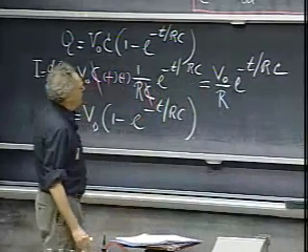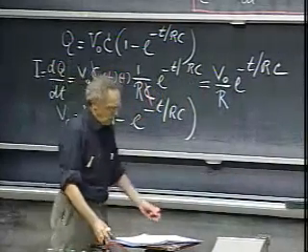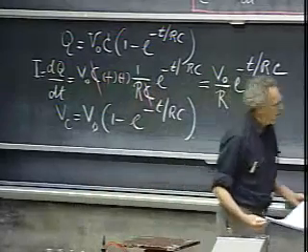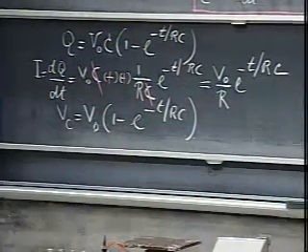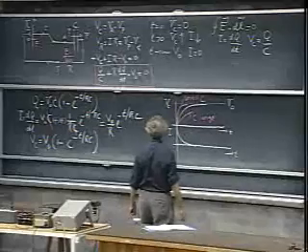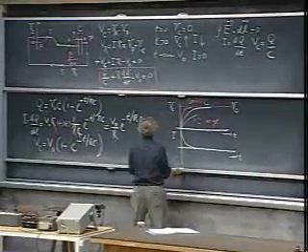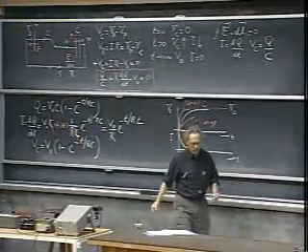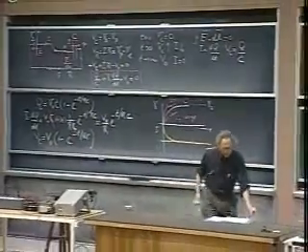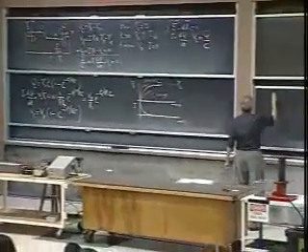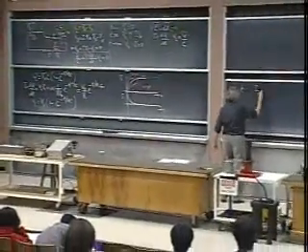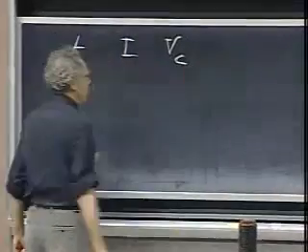And so we can now make a small table, and we can look at various values for t. Maybe I should do that here on the blackboard, because I don't want to erase anything yet. So we have t here, we have I, and we have V of C.